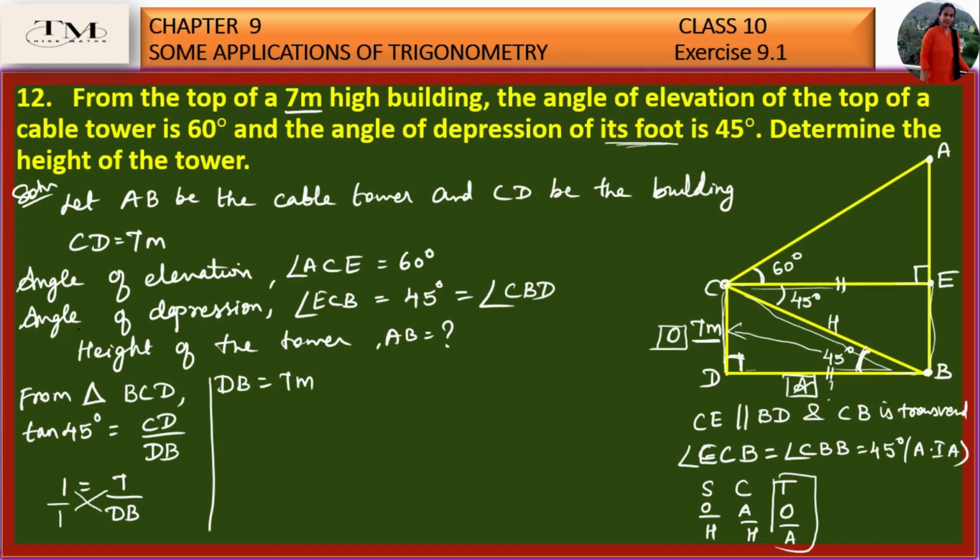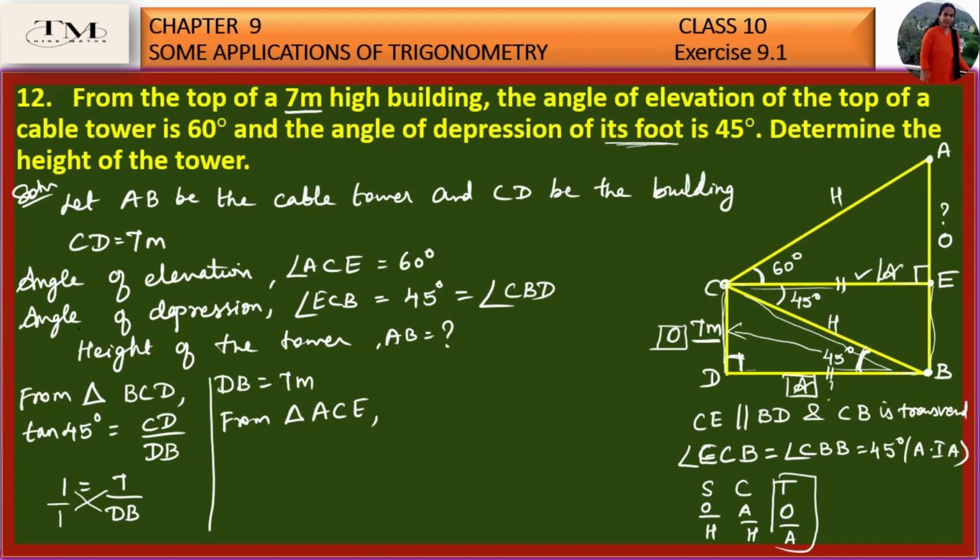Now take the triangle ACE. From triangle ACE, what we know? We know CE and we have to find out AE. So 60 degree opposite, this is the opposite side. Opposite the 90 degree is the hypotenuse, and this is the adjacent side.